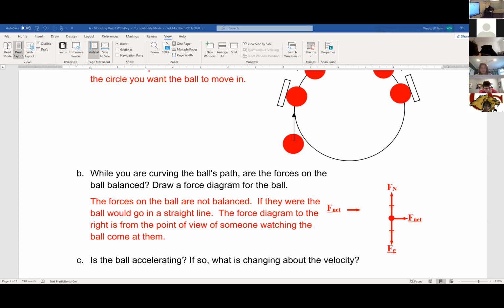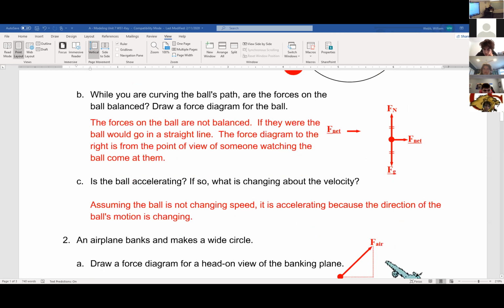Because it's going to be parallel to the ground. And that it's only one force. There's not an opposing force in the other direction. So remember, we don't add velocity to a free body diagram. We're only looking at the forces. So you should just have three: the normal force, the weight force, and then the pushing force that makes it curve.